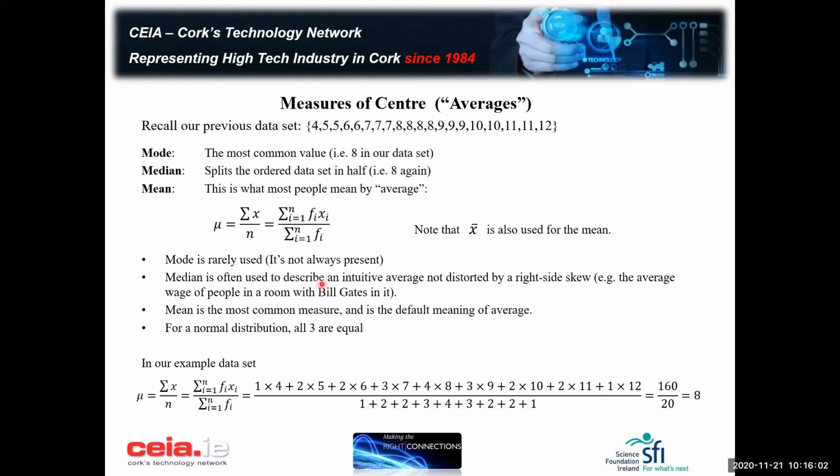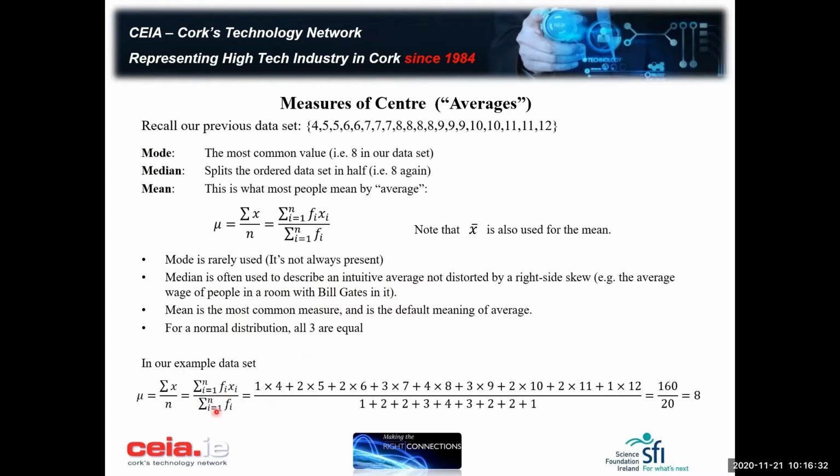If there's a billionaire in the room, it distorts that average if you're looking at the mean. But if you have the median, it gives you a truer representation of what a typical person would have. And of course, mean then is the most common measure, and that's the default meaning when we talk about an average. Interestingly, if you have a normal distribution, these three values are all the same.